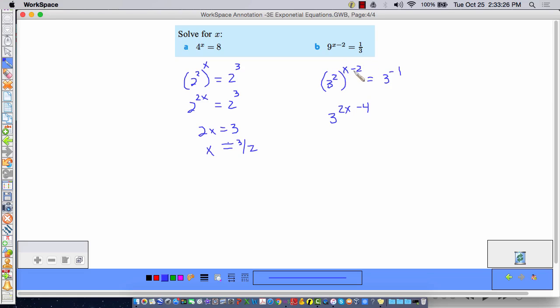It's 2 multiplied by the entire exponent, not just part of it. That must be equal to 3 to the negative 1. 2x minus 4 equals negative 1. Add 4 to both sides, 2x is equal to 3. What a coincidence. x is equal to 3 halves once more.